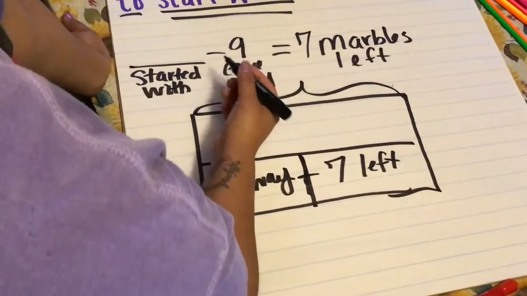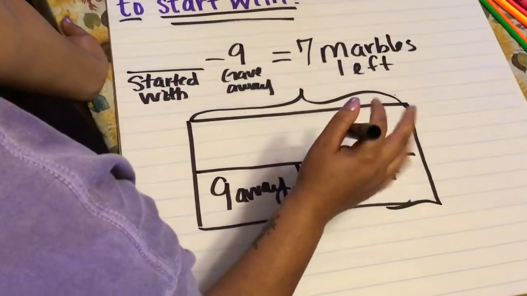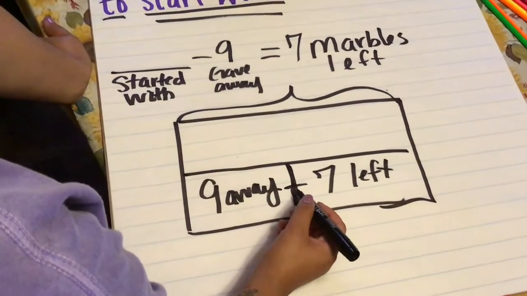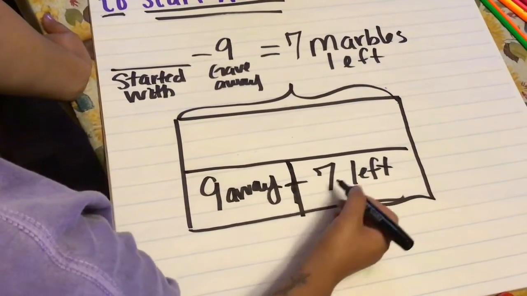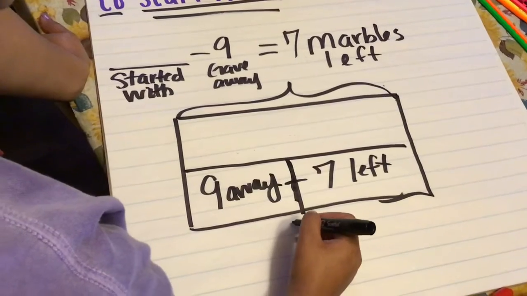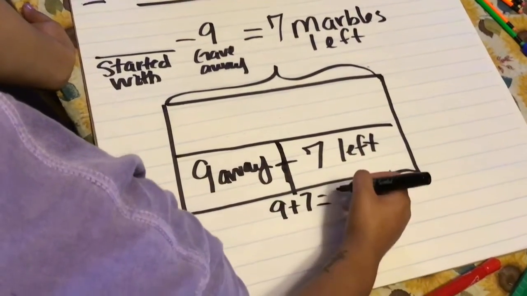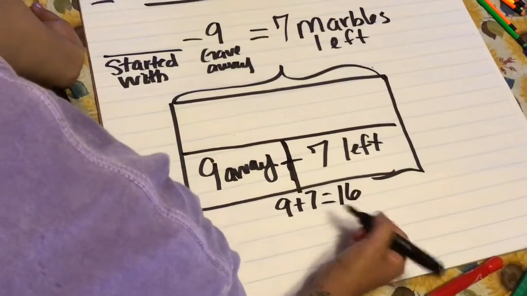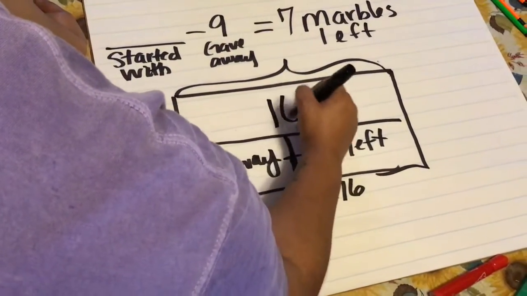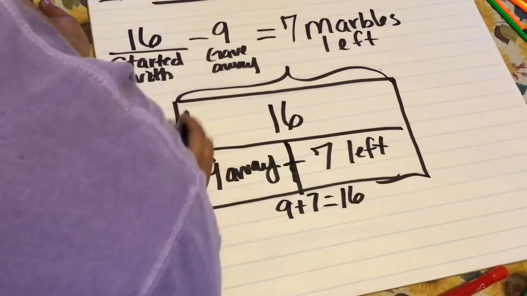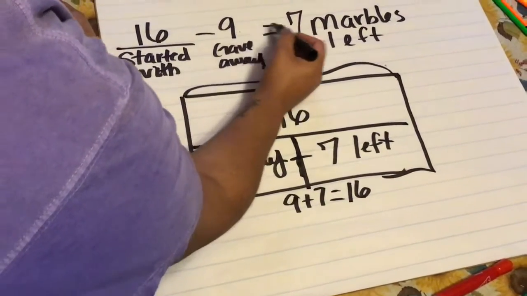You would have to add to find out what the number is. So what we'll do is we'll go ahead and add our 9 and our 7. So 9 plus 7 equals 16. So I know that the total number that he began with was 16. 16 minus 9 equals 7 marbles left.